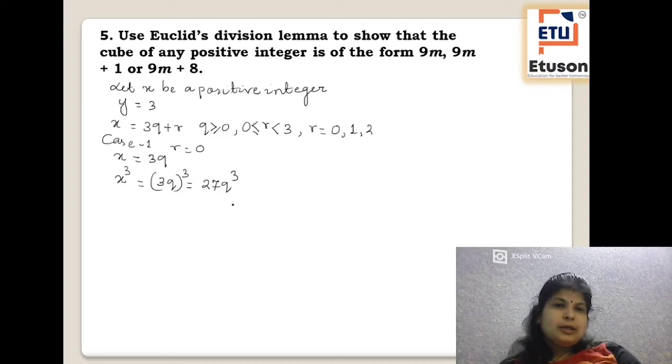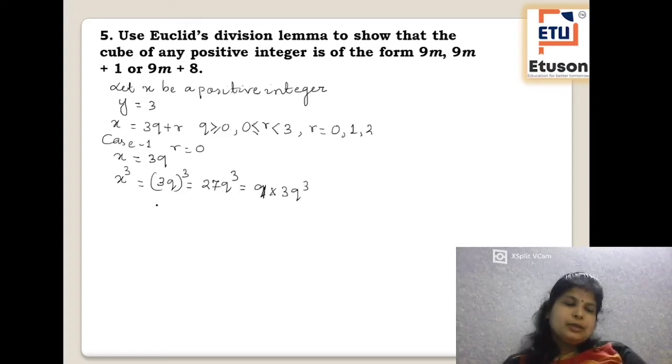So now can I write this 27q cube in the form of 9 into 3q cube? So in this case I will get 9 into 3q cube. Like in the previous problem, the remaining value except 9 we are taking as m, so that is equal to 9m.